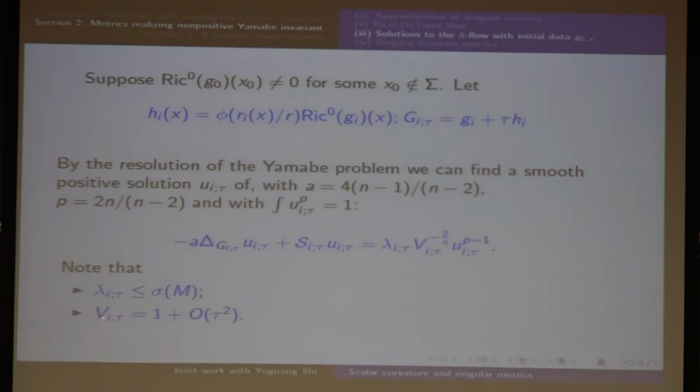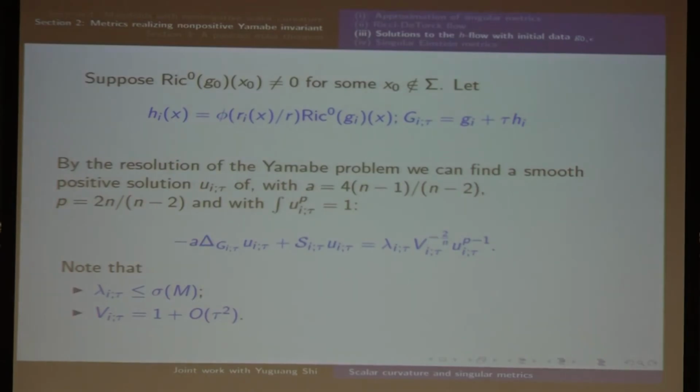And V I tau, the volume, we have to be careful about the volume. But fortunately, the volume here is very nice because it's just 1 plus order of tau squared. Why is this true? Because the variation of the volume is just given by the trace. But this is traceless. That means the first derivative is 0.